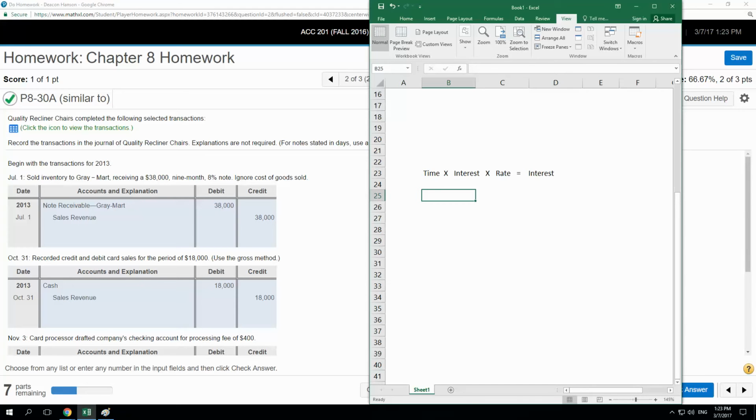So the time is 6 months have gone by out of 12 months. Even though it's a 9-month note, that 8% is an annual rate, right? APR, annual rate. So we're going to express our time in terms of a year. So that's 6 months out of a 12-month year having gone by at an annual interest rate of 8%.